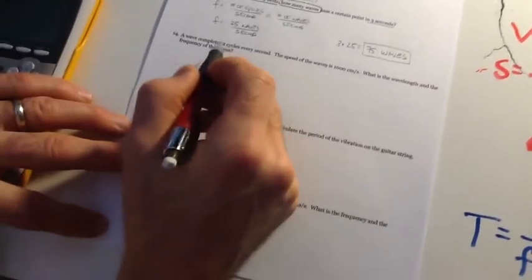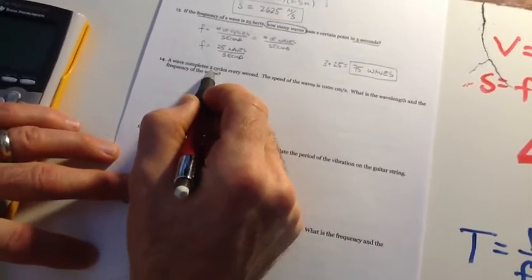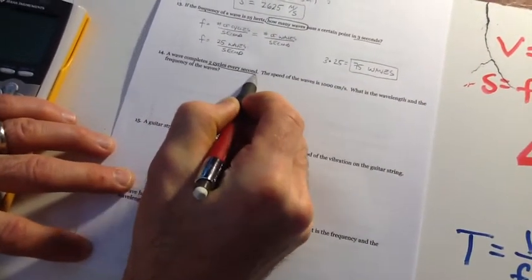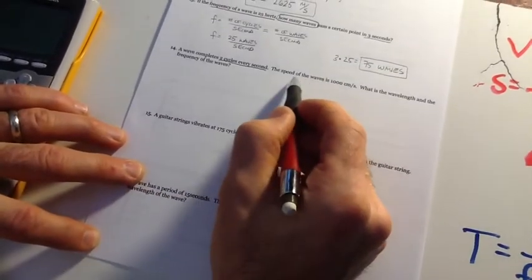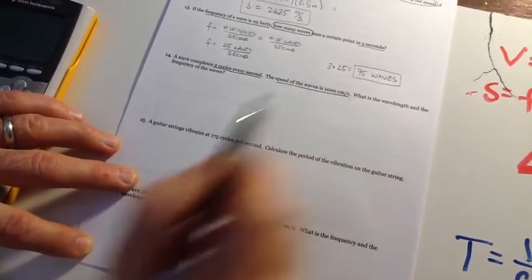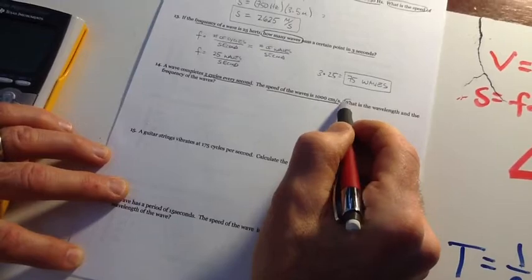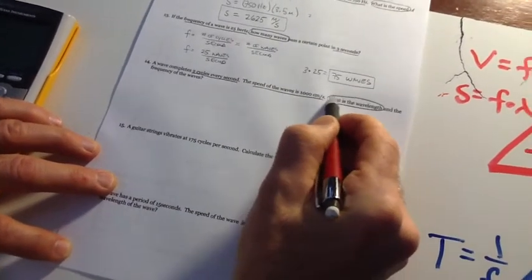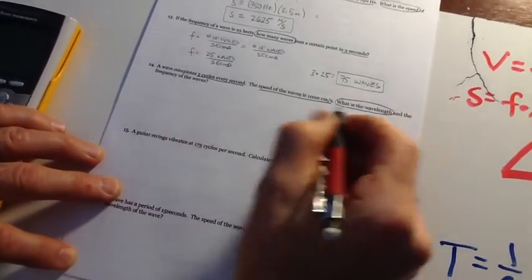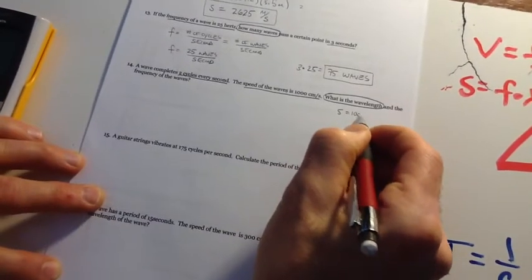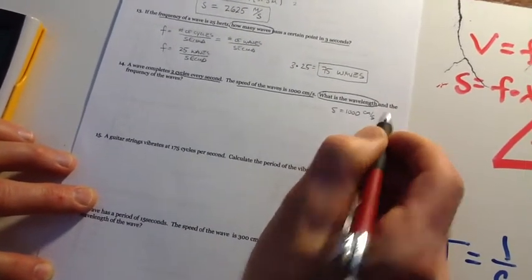Okay, here we go. A wave completes 2 cycles every second. So they gave us that. The speed of the wave is 1,000 centimeters per second. What is the wavelength? So we know the speed, 1,000 centimeters per second.